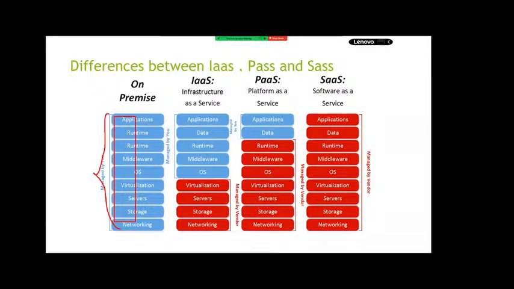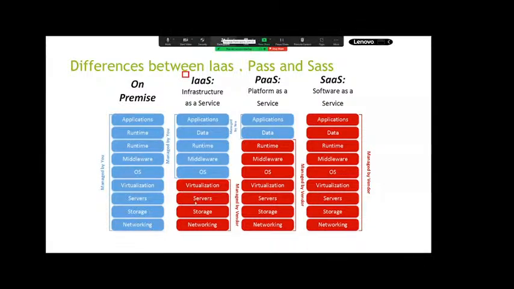What was that? Any idea? Just now I said, to maintain all these components, we required our own DC, data center. That is what on-premises is.